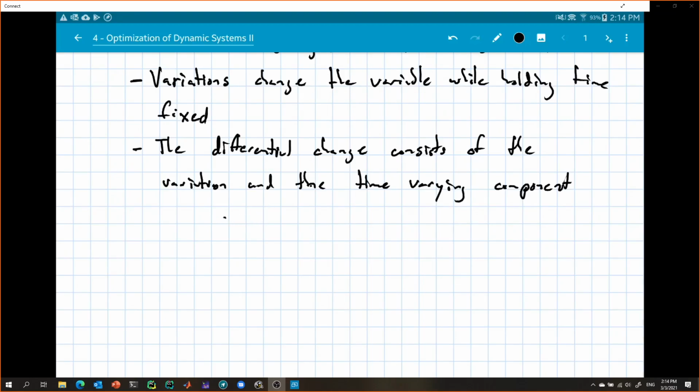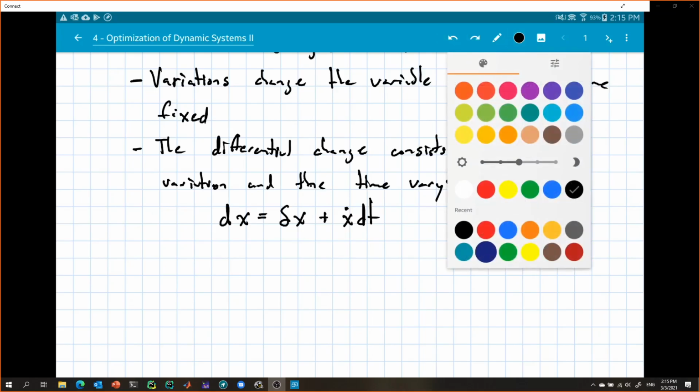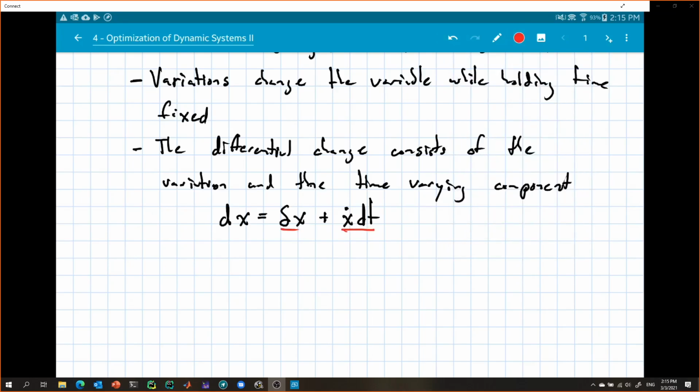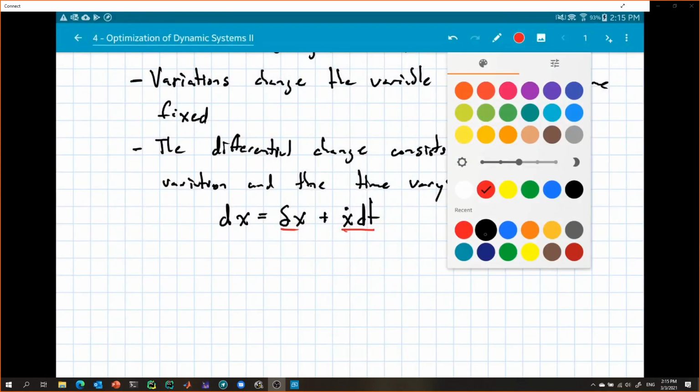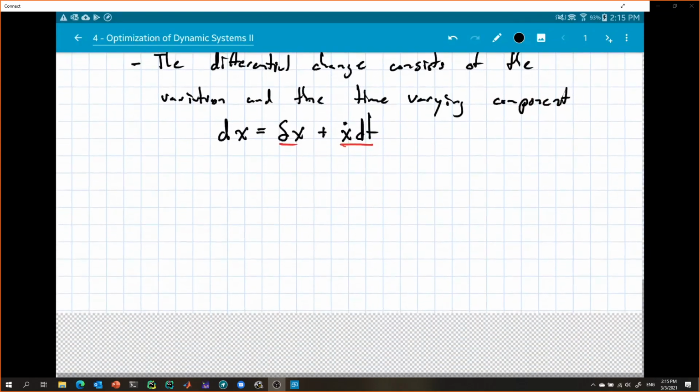So we have some differential, which in this case, we're going to say dx is equal to the variation in x plus x dot dt. So this is the variation from before, right? And then this is what changes based on time. So the change of time. Okay, so I'll draw this out.